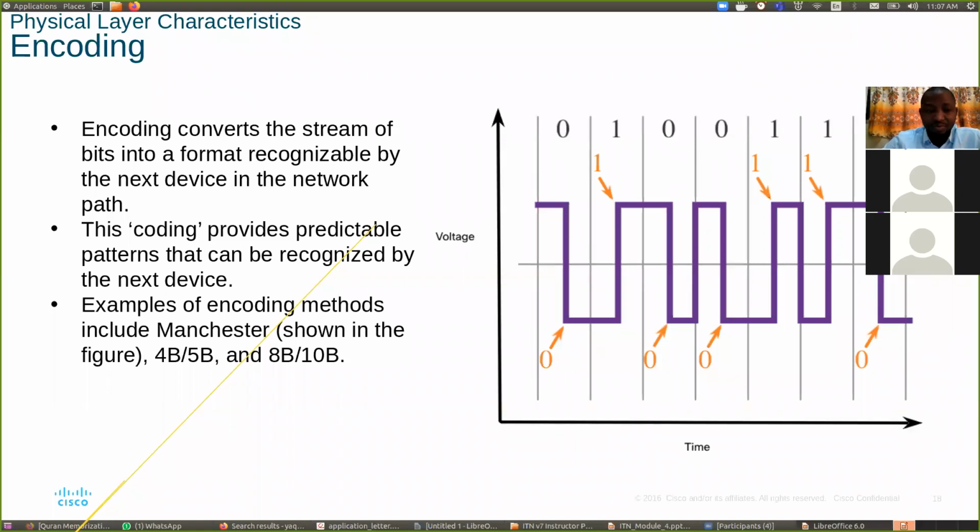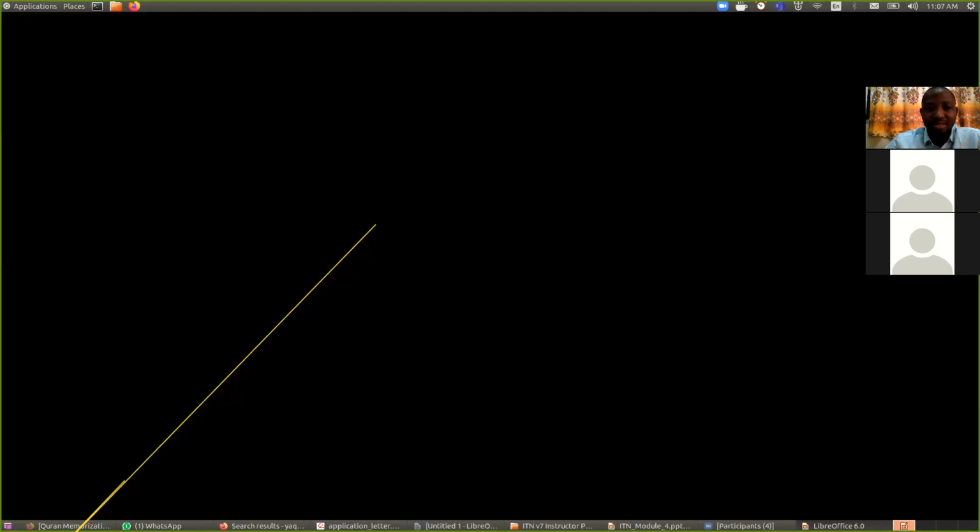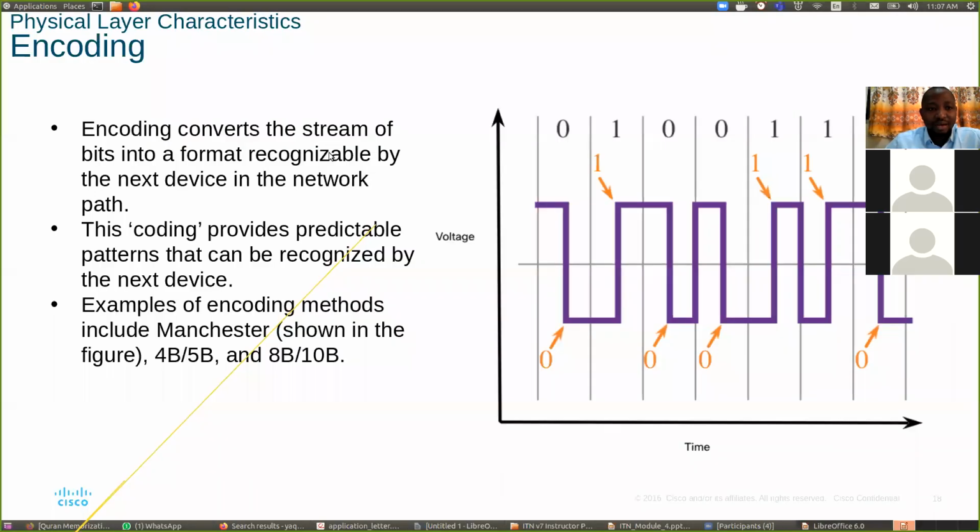Okay, so it addresses 3 components. You can see the encoding component here. Encoding converts the streams of bits into formats recognizable by the devices. Encoding provides a predictable pattern. You can see this is an encoding pattern here, on the medium, that the data is converted to zeros and ones to be transmitted on the physical medium.